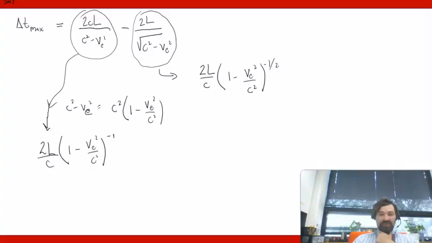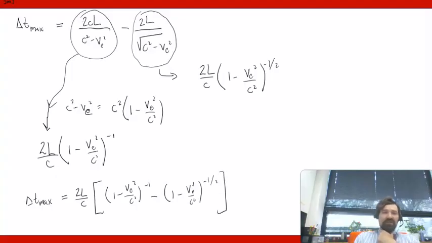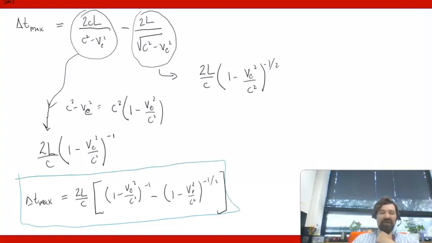So my total delta t max simplifies down to 2l over c times [(1 minus v earth squared over c squared) to the minus 1, minus (1 minus v earth squared over c squared) to the minus 1/2]. And so that ends up being your actual delta t max value.